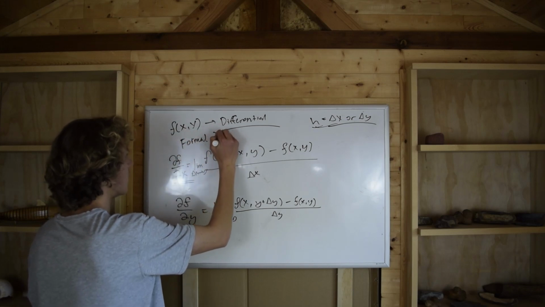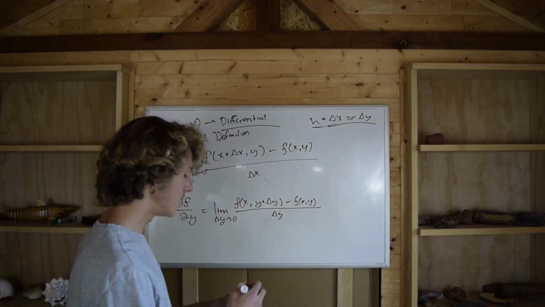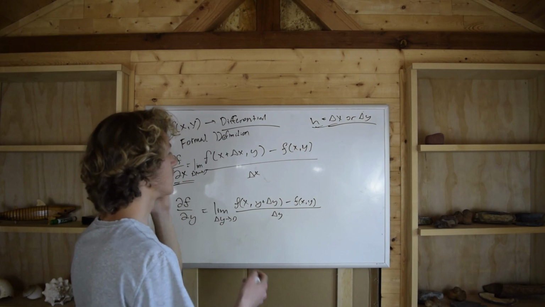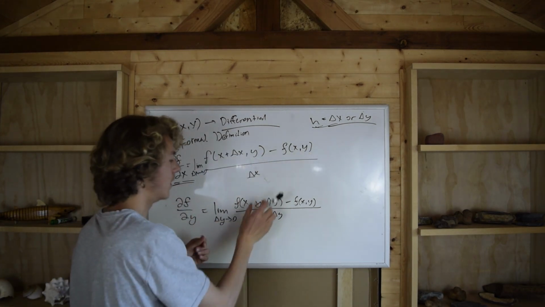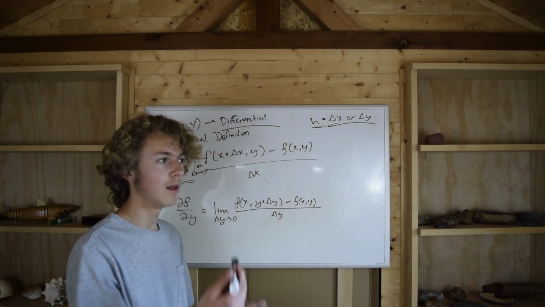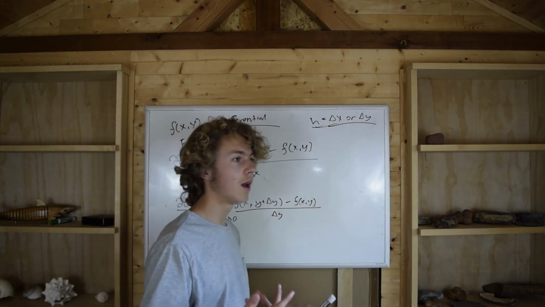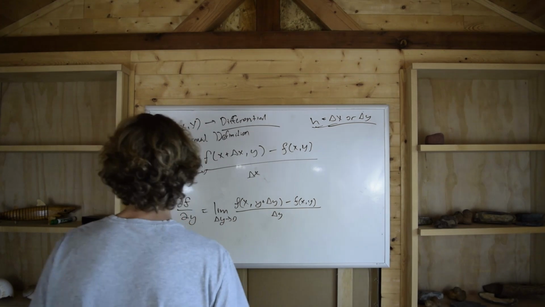You can see this is very, very similar to the ordinary derivative, except now we're just isolating to a single variable, x or y. And in this video and the next few videos, I'll be talking mainly about Cartesian coordinates because it can get a little more complicated with different types of coordinates.